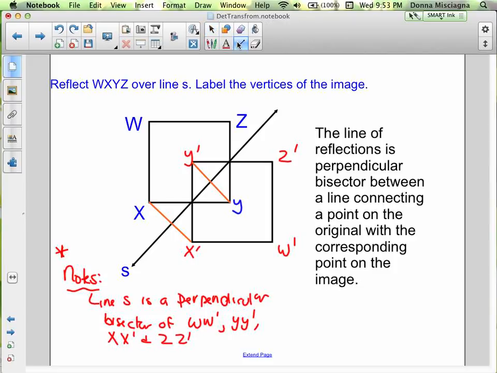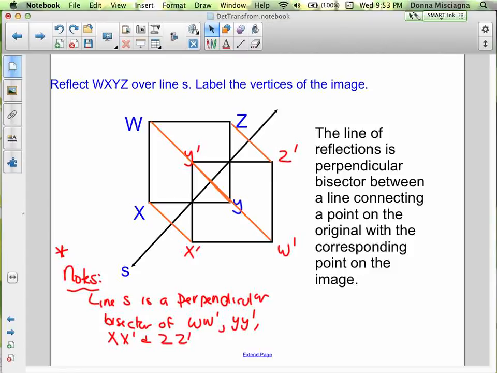And we've got W, W prime. So line S is a perpendicular bisector for that segment. And then finally, here's my line tool. We have Z, Z prime, and S is a perpendicular bisector for that one as well.